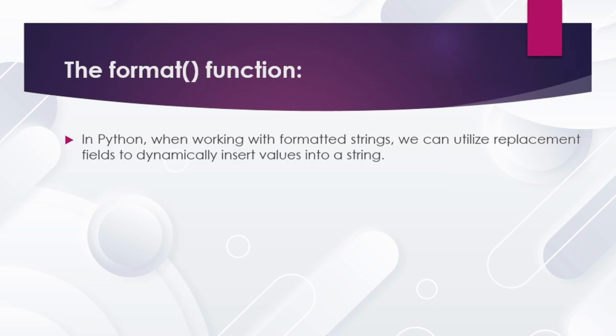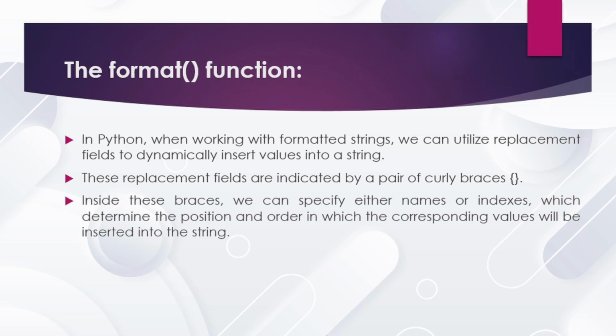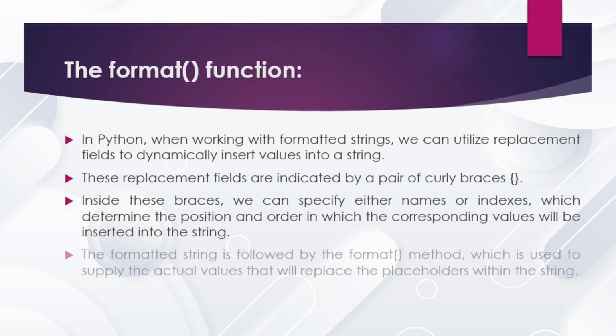In Python, when working with formatted strings, we can utilize replacement fields to dynamically insert values into a string. These replacement fields are indicated by a pair of curly braces. Inside these braces, we can specify either names or indexes which determine the position and order in which the corresponding values will be inserted into the string.